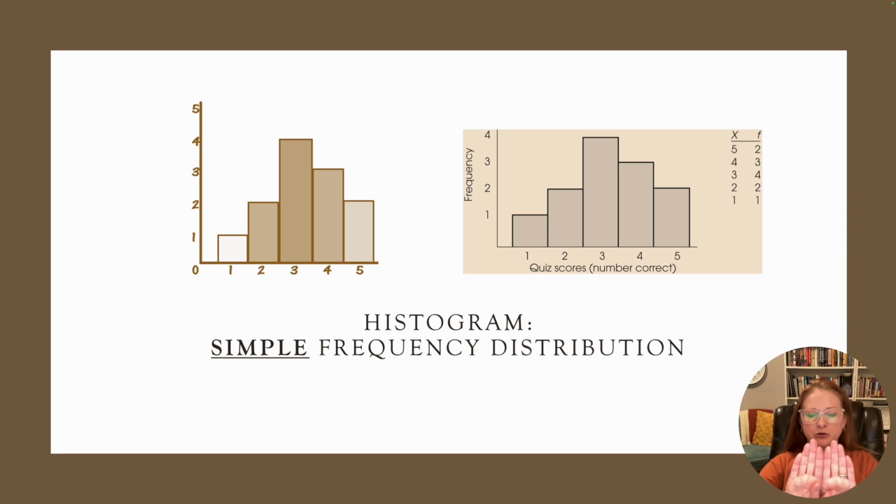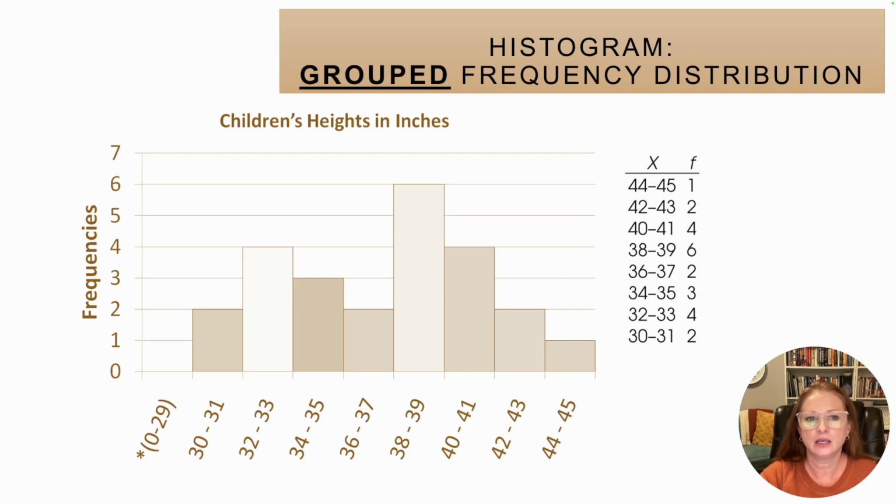Notice there's no gaps there. They're right next to each other. Children's height in inches. Height, weight, speed. Because the type of data we're collecting necessitates that we're going to make a histogram versus a bar graph.